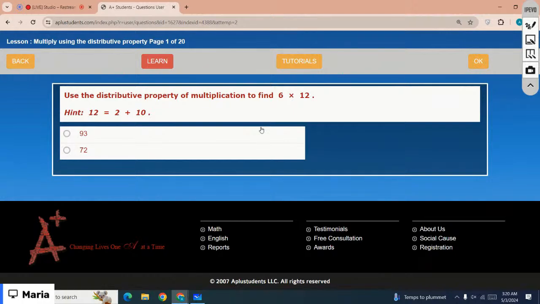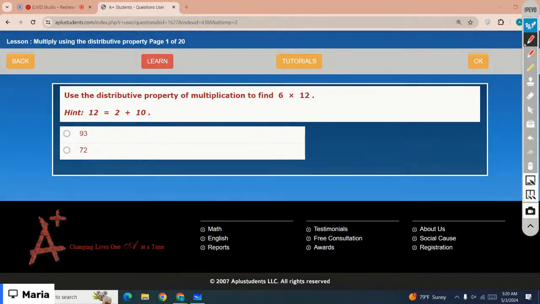Okay, so let's just distribute. Yes, that is 72, but the main thing here is you have to apply the distributive property, right? You have to distribute 12 as 2 plus 10. Then you have to do 6 times 2 and then 6 times 10. That would be 12 and that would be 60. And when you add, that is 72, right? So just apply the distributive property, don't multiply right away.